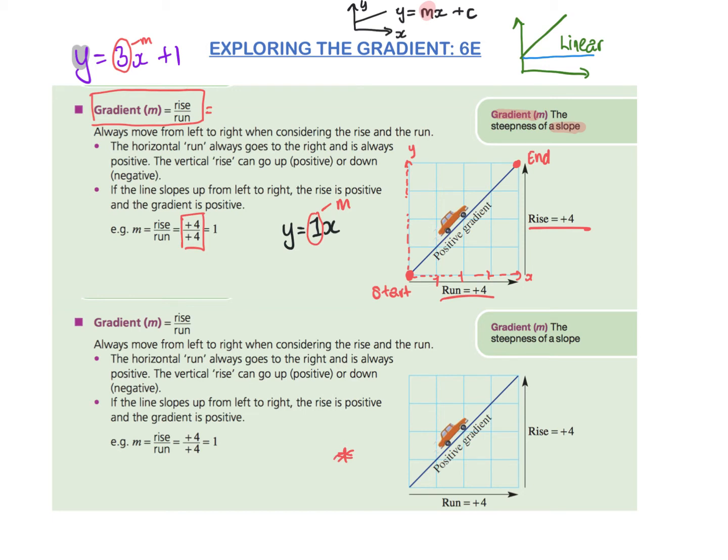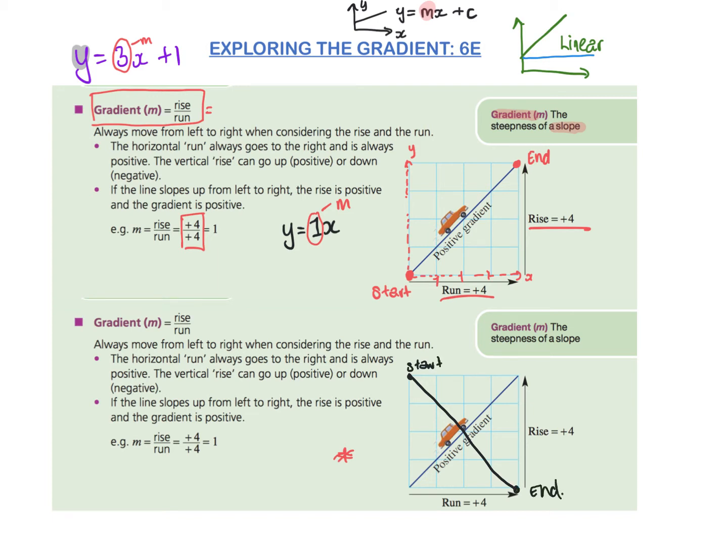All right, so if we have a negative gradient, I'm going to change it. Say it went like this. We started here and we ended here.